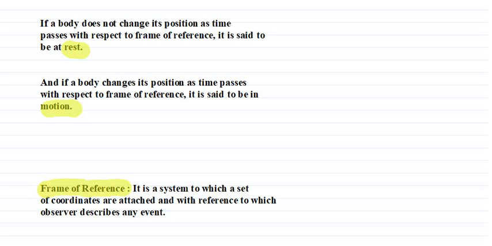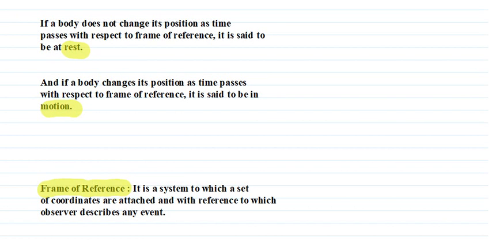So we have discussed what is motion and rest. If a body, an object, is changing its position with respect to a reference point or frame of reference over a time period, then that object or body is said to be in motion.